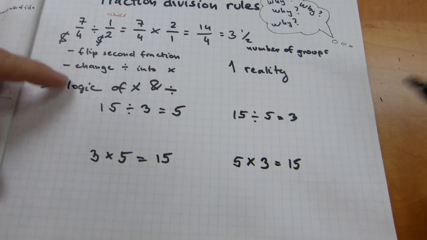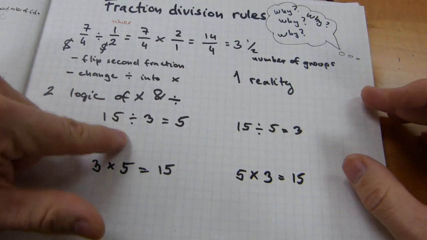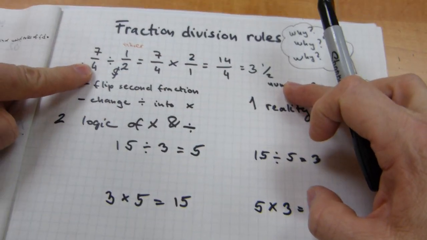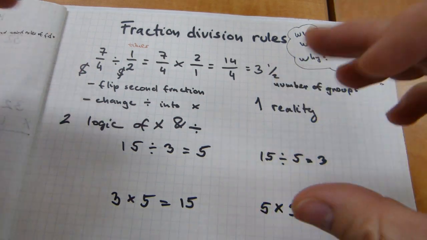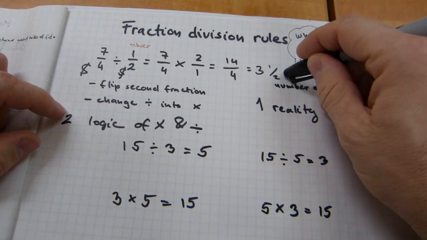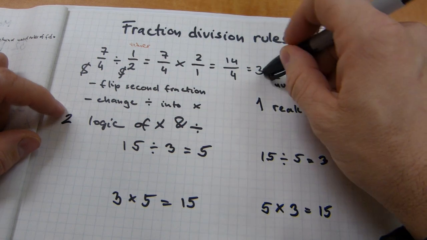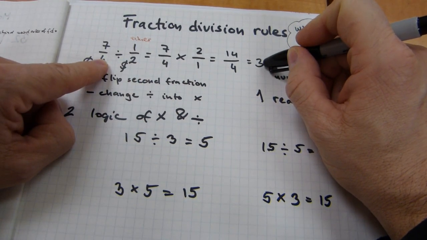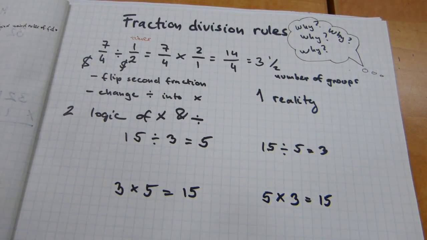Now, if this works with whole numbers, that means that whatever rules are invented for fraction division, the rules must work with fraction division the same way. That is, if you take the final answer and multiply it with the divisor, you must get the dividend back. Let's try it.